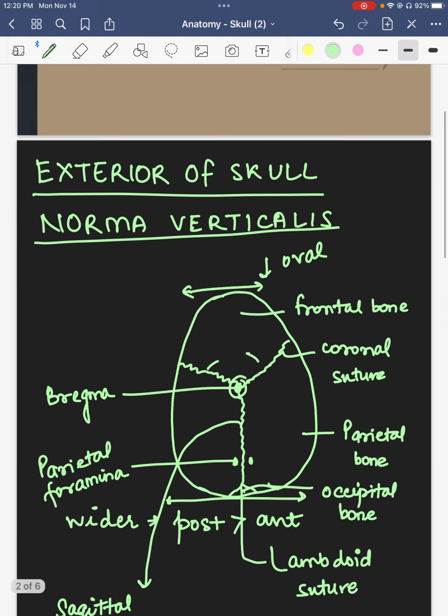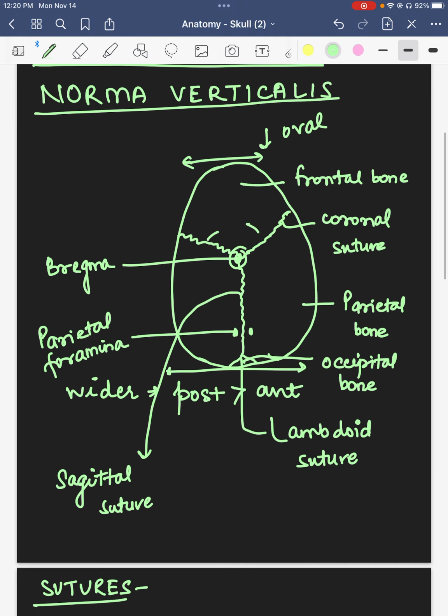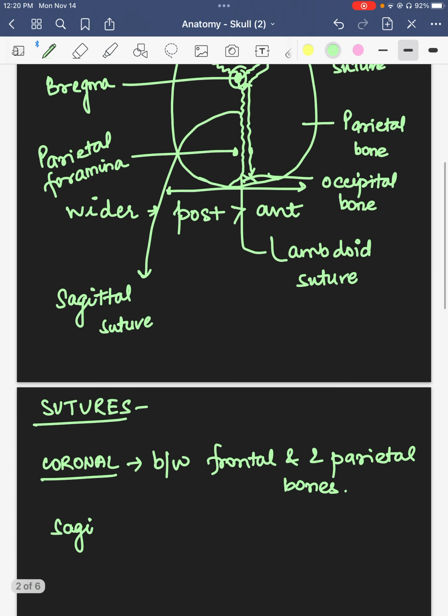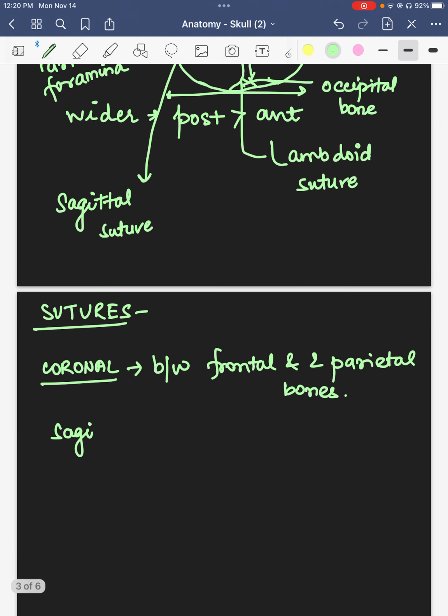Where do they run? They run forward and downwards. The coronal suture runs this way.